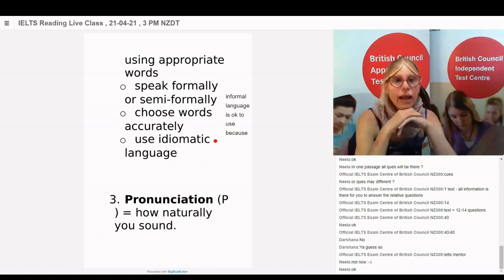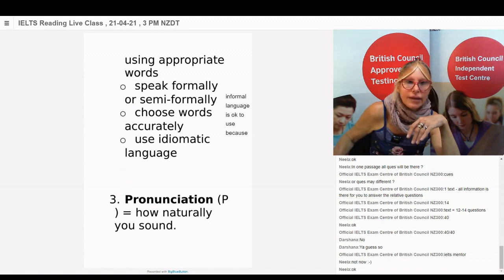Some slang language is okay if it's appropriate for your topic. Less common expressions are okay. You don't have to speak as you would write in the IELTS test, which is more academically formal.